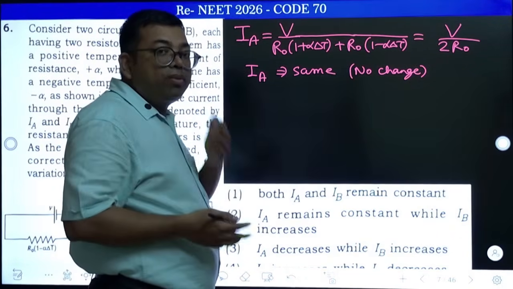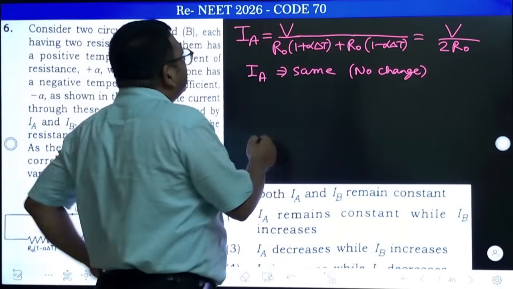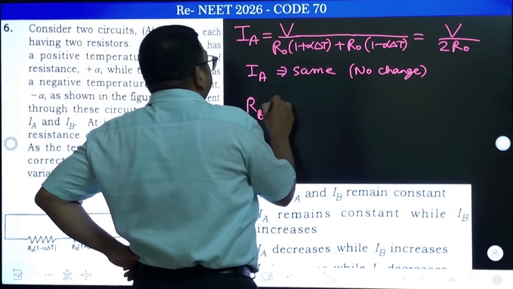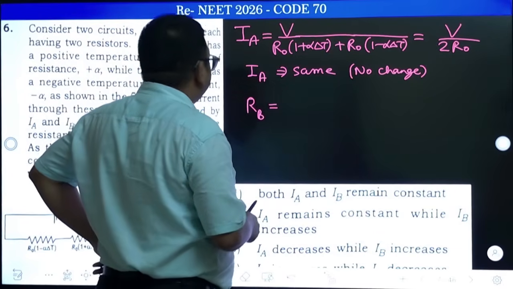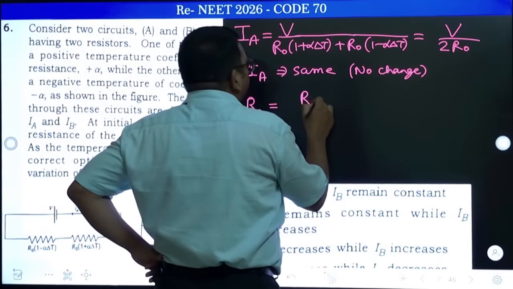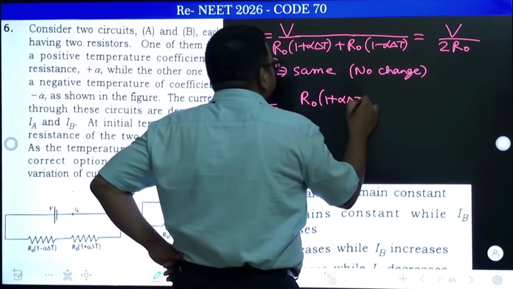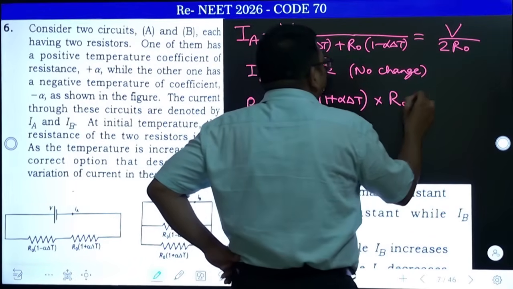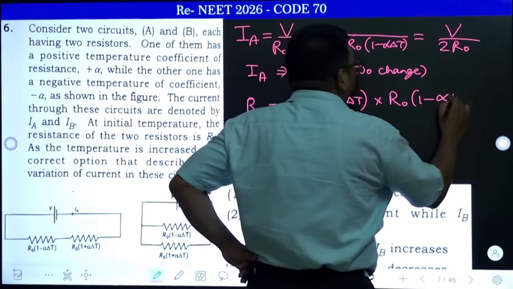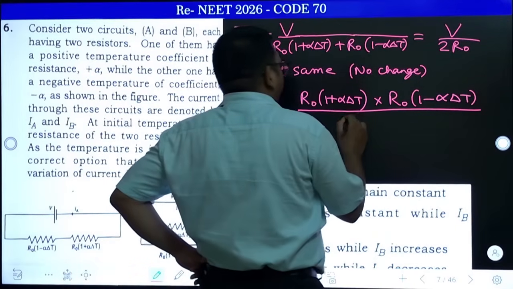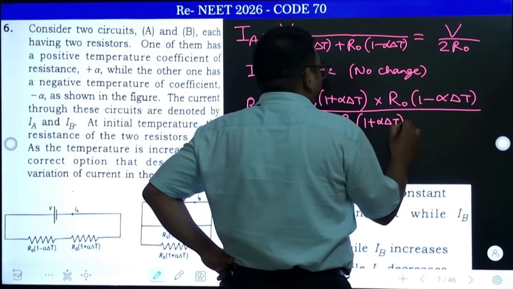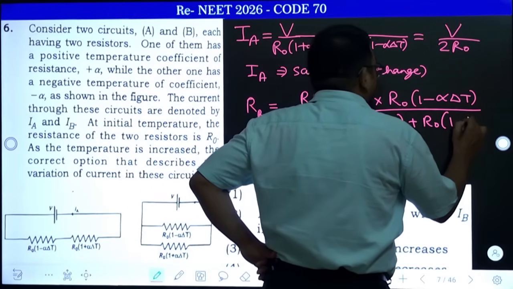What about IB? IB also calculate. So we need to check equivalent resistance, right? In parallel, let us calculate equivalent resistance. RB, how will it change? Equivalent resistance is R1 R2 by R1 plus R2, so R0 (1 plus alpha delta T) into R0 (1 minus alpha delta T), by R0 (1 plus alpha delta T) plus R0 (1 minus alpha delta T).